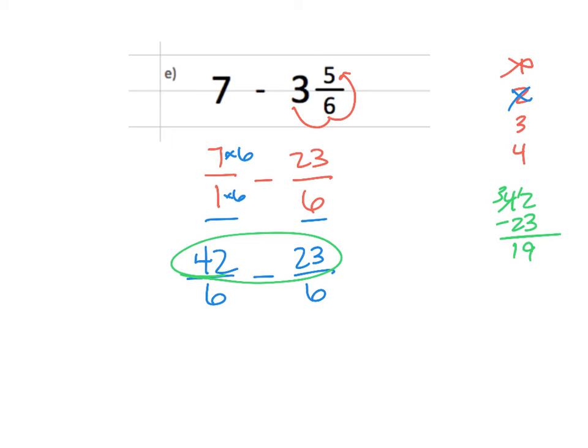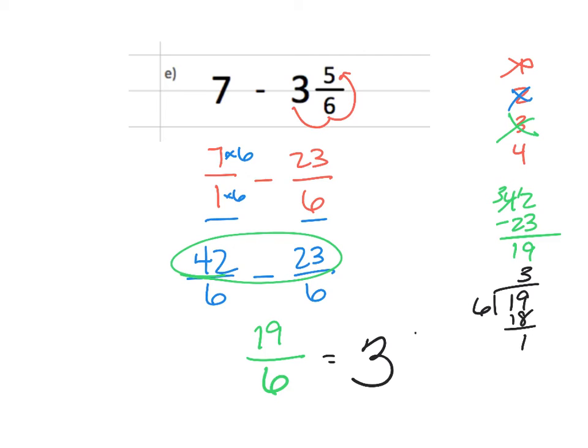Again, use a calculator if it's going to help you. Denominators stay the same. Done with step 3. Step 4, we simplify it. How many 6s come out of 19? 3 times 6 is 18, so there'd be 1 left over, so we'd have 3 and 1/6, and that is our answer.